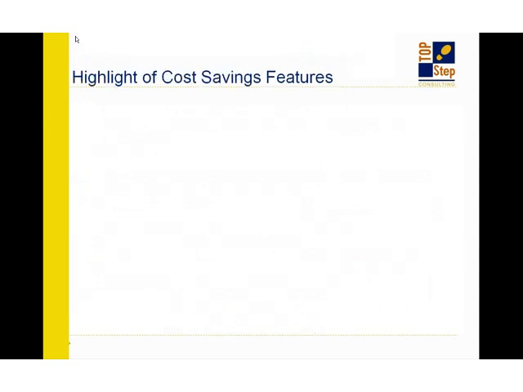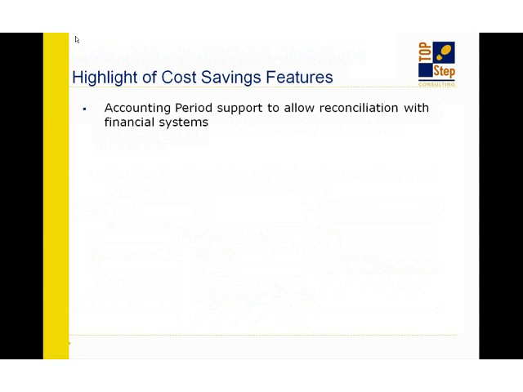So what else? I just picked a few that I've talked with many customers about and have them using. Things like accounting period support. Many of you may not be aware: what everyone is aware of is OpenAir is not an accounting system. But what you may not be aware of is OpenAir does support accounting concepts, not just billing and invoicing, but understanding what an accounting period is.